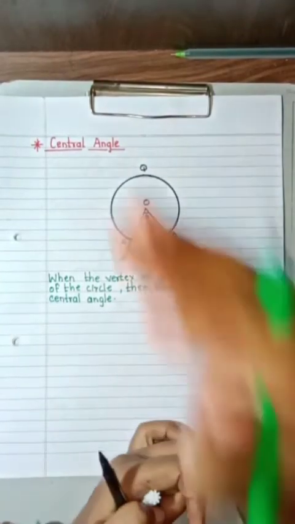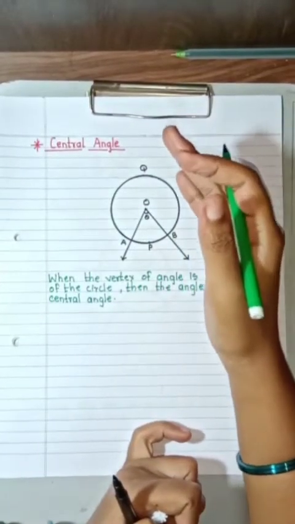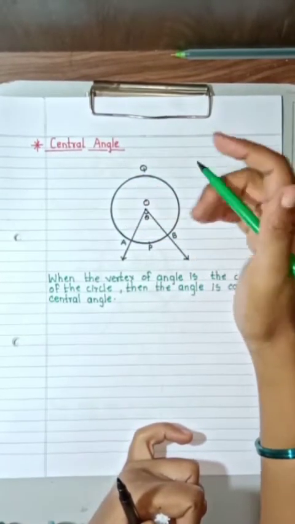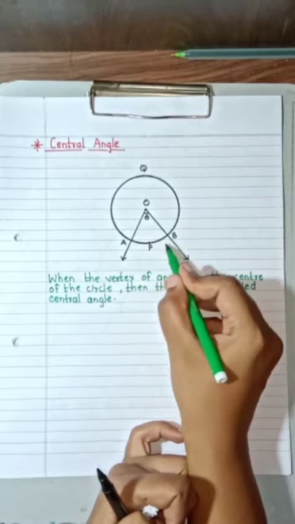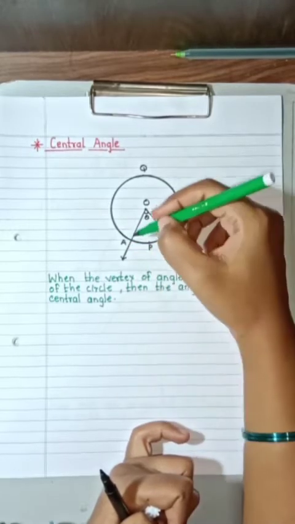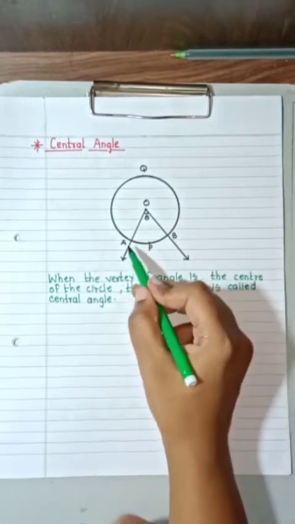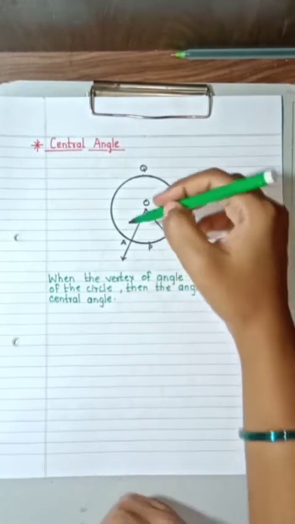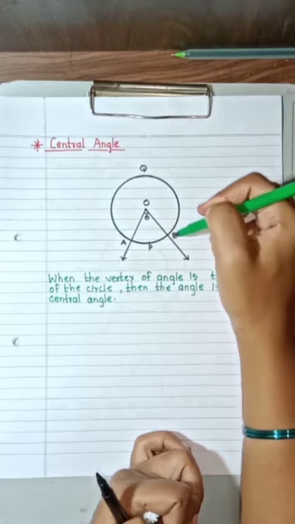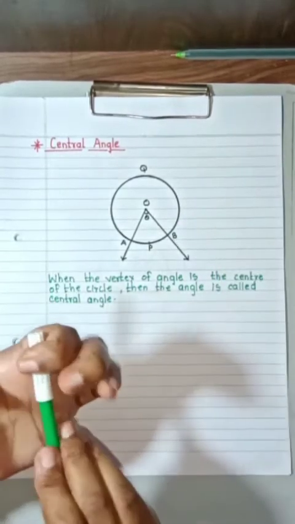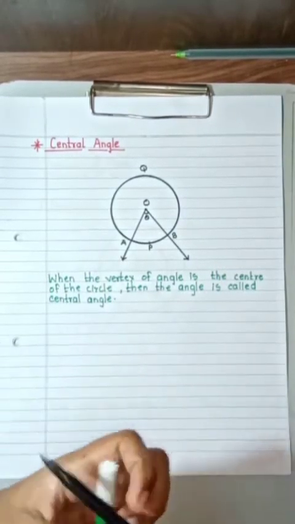Now, this central angle also forms two arcs. It forms two arcs, that is APB is the minor arc and AQB is the major arc. So, I will write it down here.